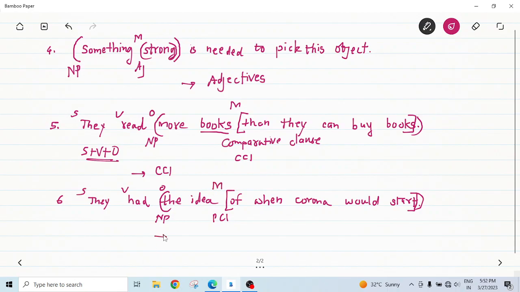So this example also shows that even a prepositional clause can function as post modifier in a noun phrase.